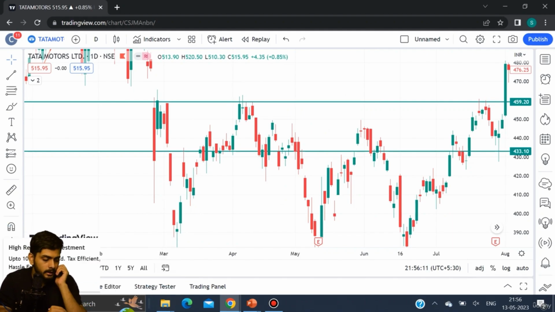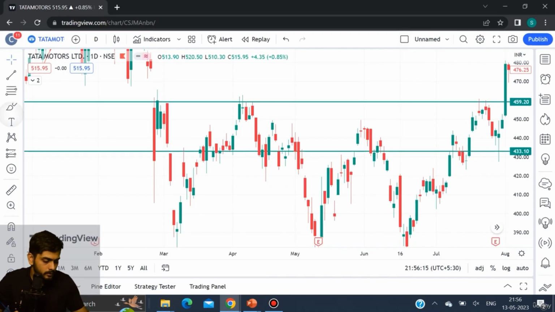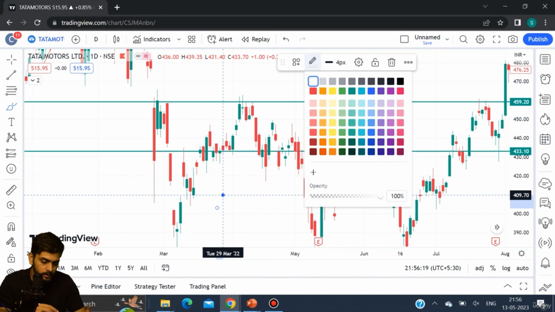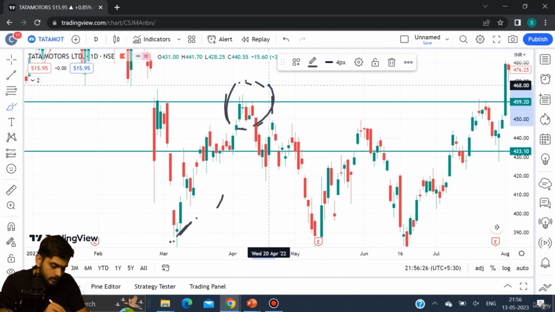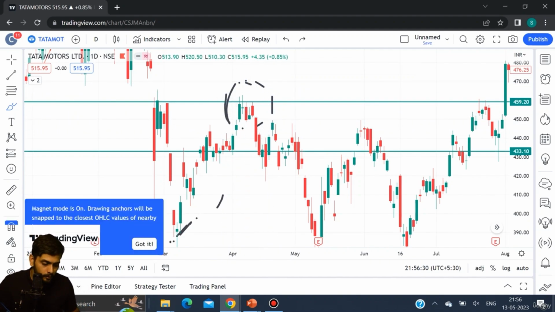Okay, now see, I'll just continue the previous example. If you see here, I explained this is a morning star. If you see here, what is this? What is that? Evening star. Of course.